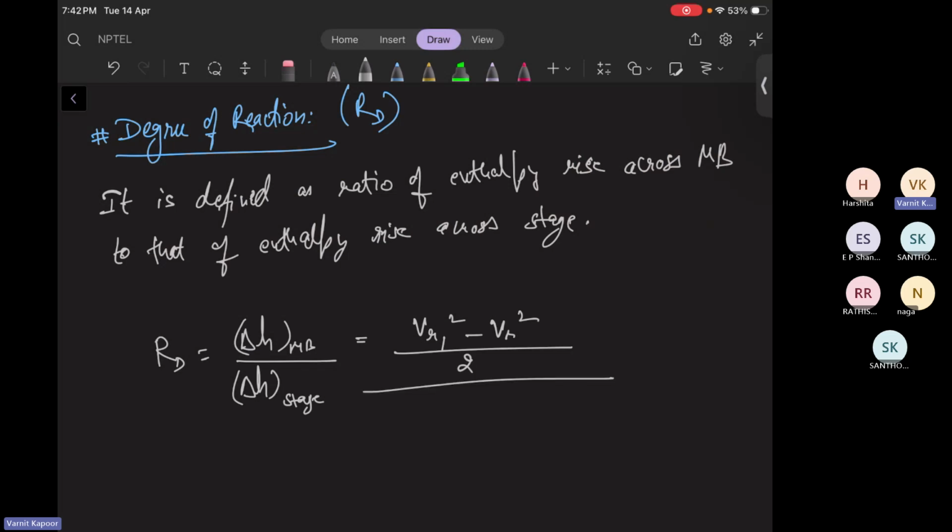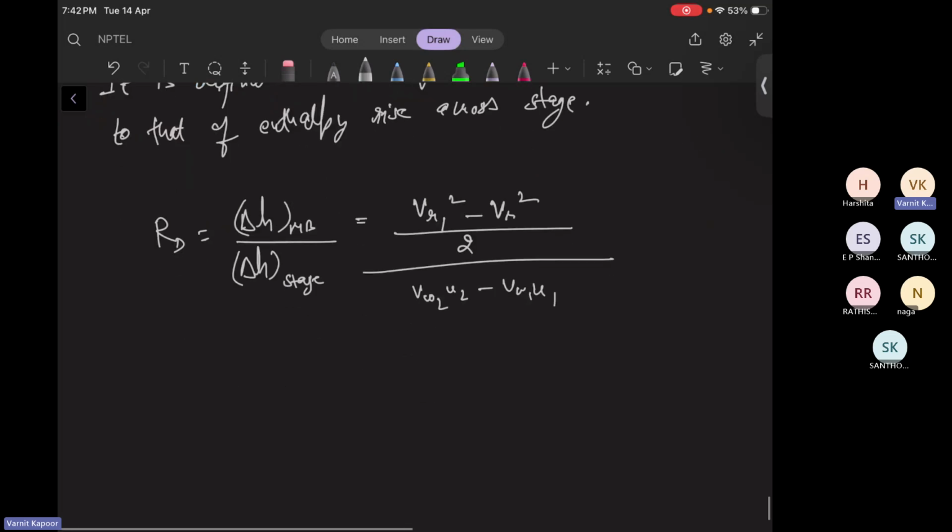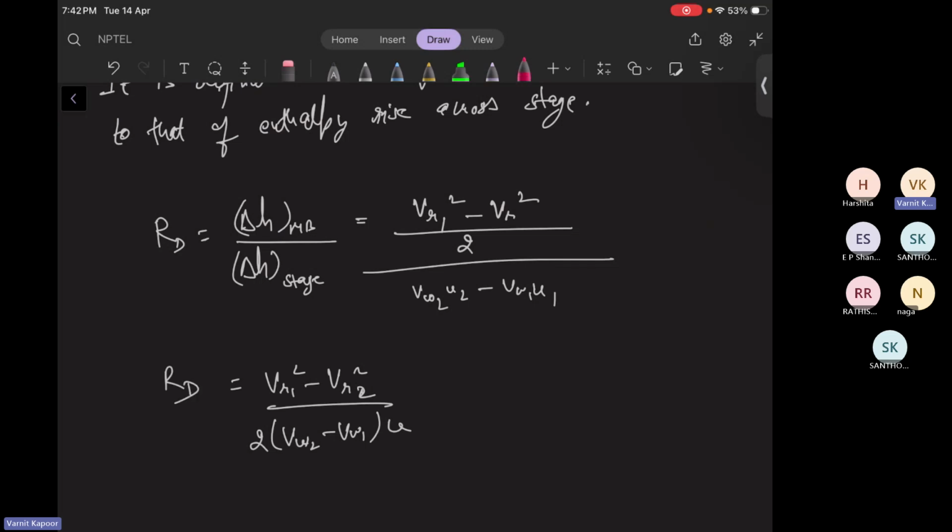This is your moving blade, and whole is VW2 U2 minus VW1 U1. So this can be written as VR1 square minus VR2 square by 2 times VW2 minus VW1 into U, because U1 and U2 are same. This is your degree of reaction for axial flow compressor.